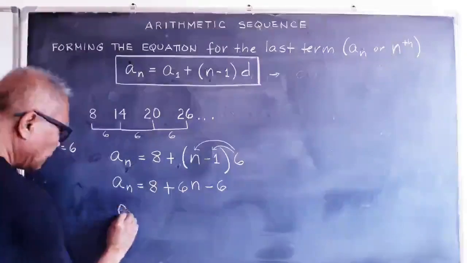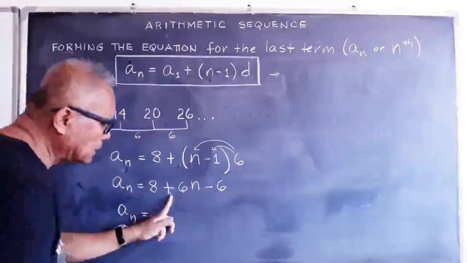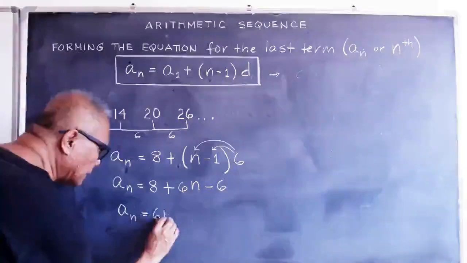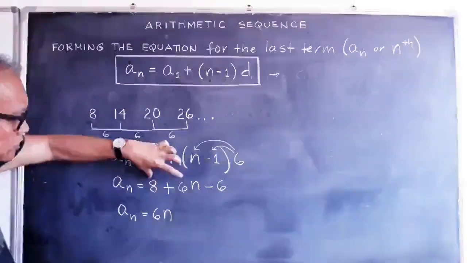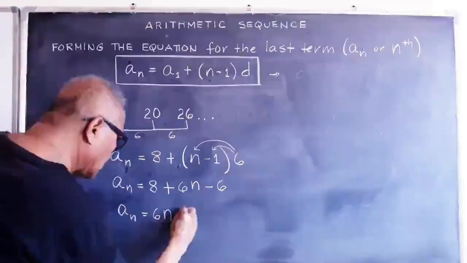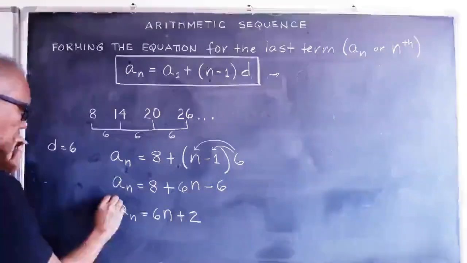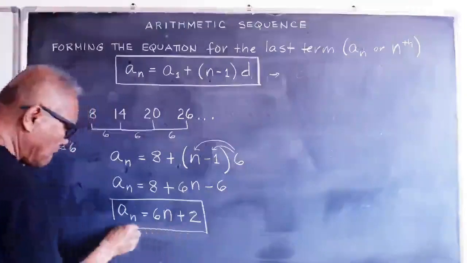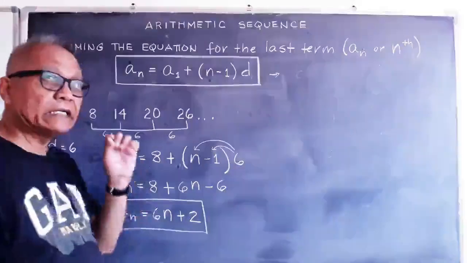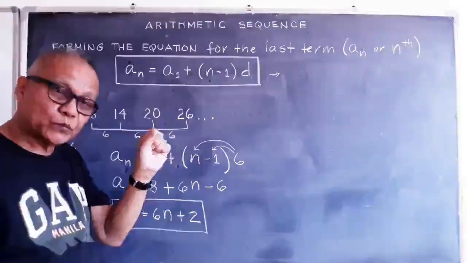So our formula for the last term a sub n is positive 6n. What about positive 8 and negative 6? If we add them, we get plus 2 here. Then this is our formula or equation for finding the nth term or the last term.